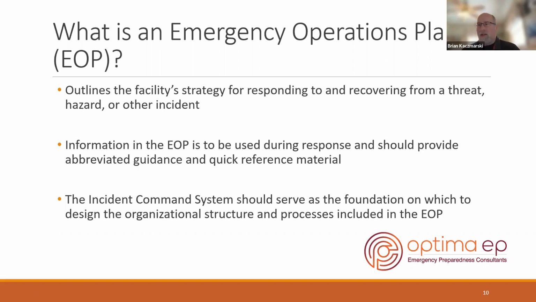One of the key areas that I want to emphasize is on the second bullet point, quick response, abbreviated guidance, quick reference material. When I started out in the world of preparedness, we wrote very robust, comprehensive plans that were heavy in narrative. And that's because at the time, our federal funders said we had to have that type of narrative and background in our plans.